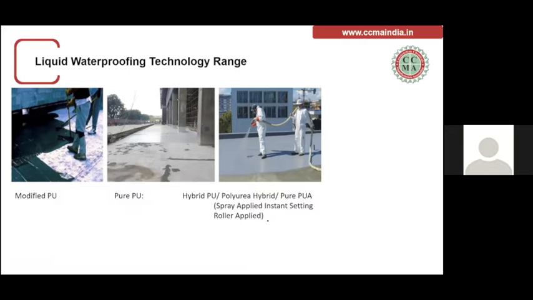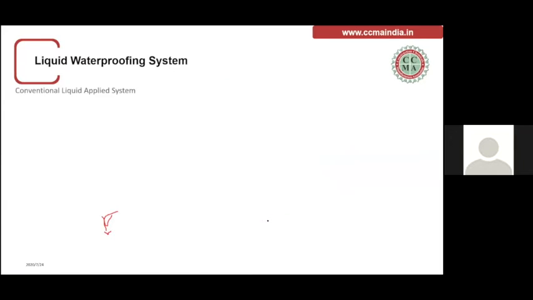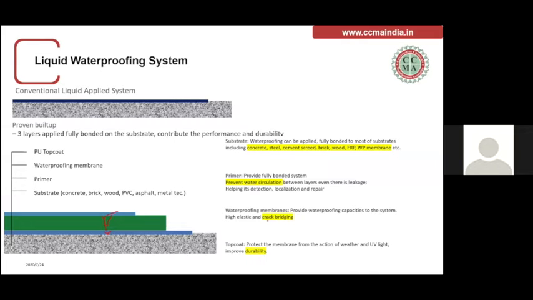It is widely accepted in India and globally, and if anyone wants to become an entrepreneur, it does not need a very big investment. While fast setting systems like polyurethane or polyurea require a special two component machine and very skilled labor to do the application.